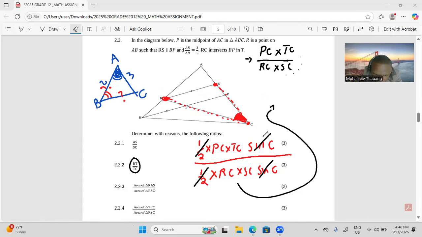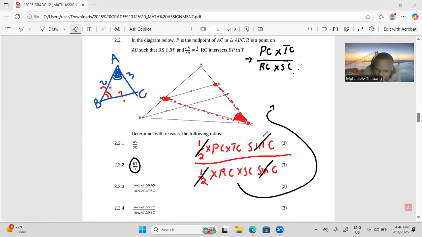I thought that might be very helpful, but let's see. I cancel those two, so I'm left with PC, TC, sine C over RC, SC, sine C. That was a good idea, picking the right angle.